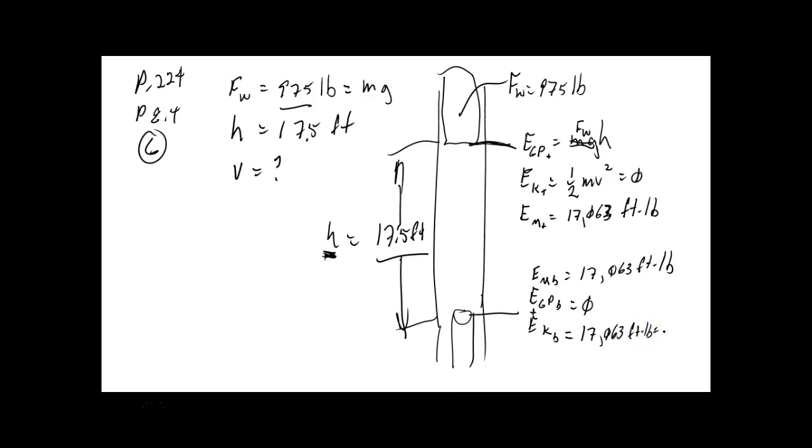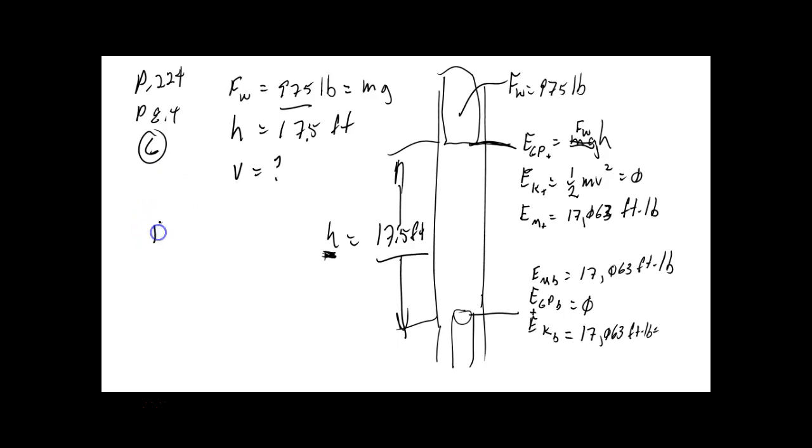Okay? Now, this is a little bit harder to deal with because now we've got to introduce slugs. If you have 17,063 foot-pounds of kinetic energy at the bottom, and you need to know velocity, here's your formula.